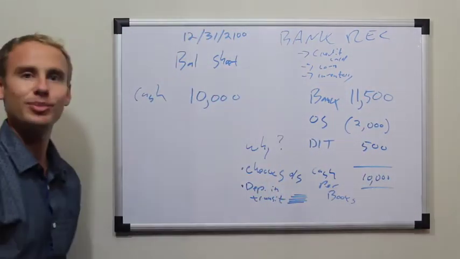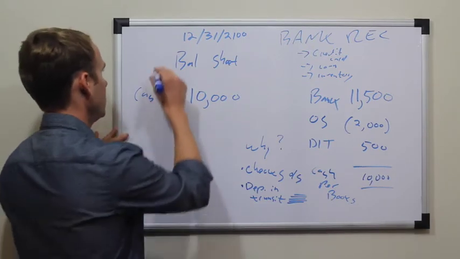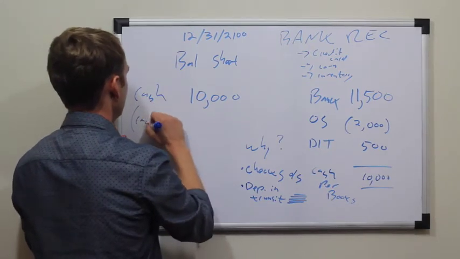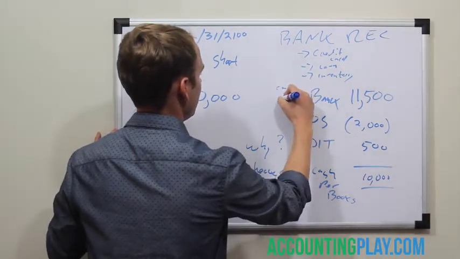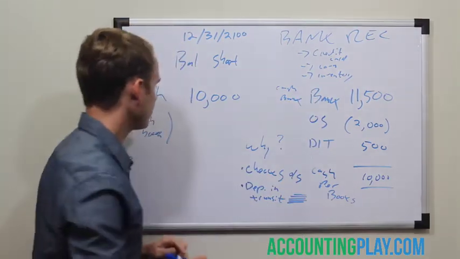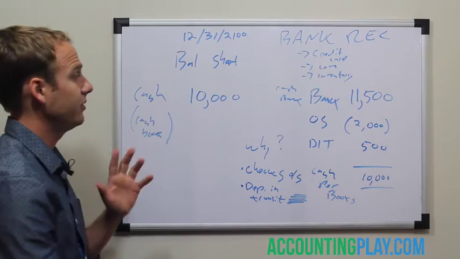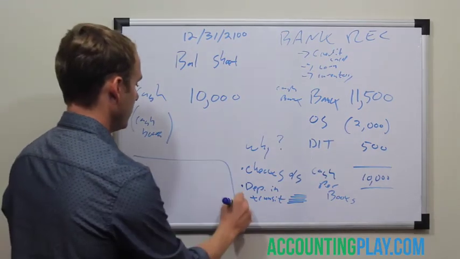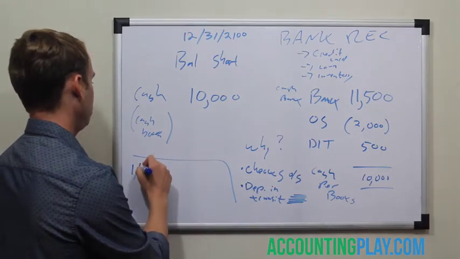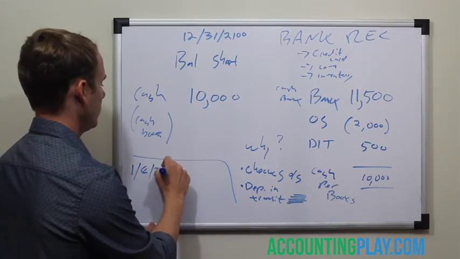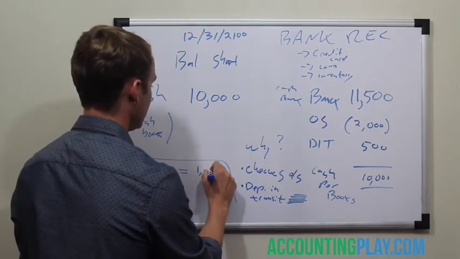But in this case, standard bank rec, going from cash per the books, so this is cash books, and this is cash bank from the bank statement. Sometimes deposits also will need to be tied into various invoices. So you might have a deposit on January 8th, 2101, and the deposit equals $1,000.